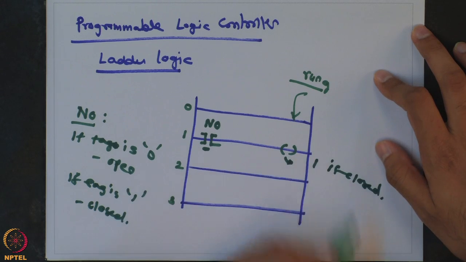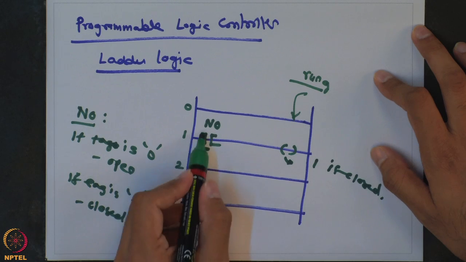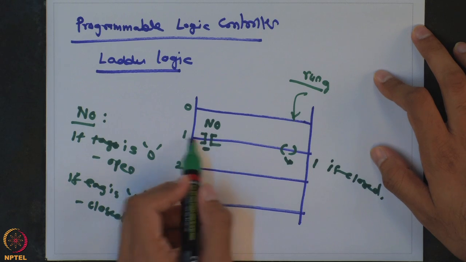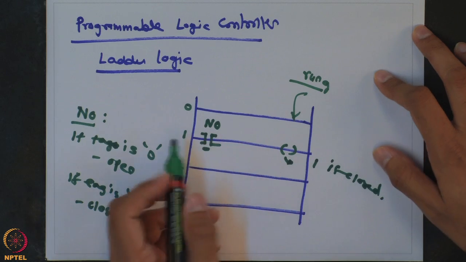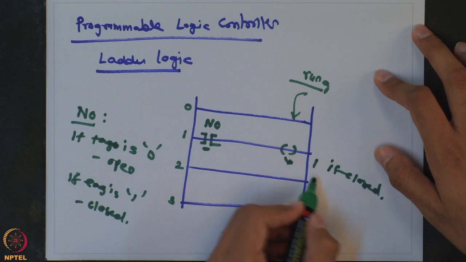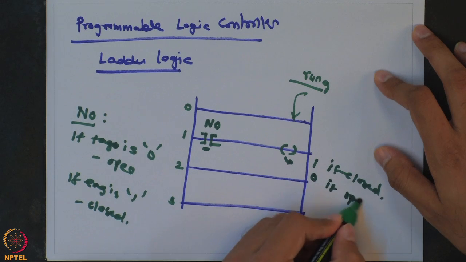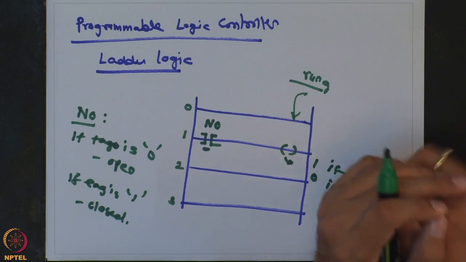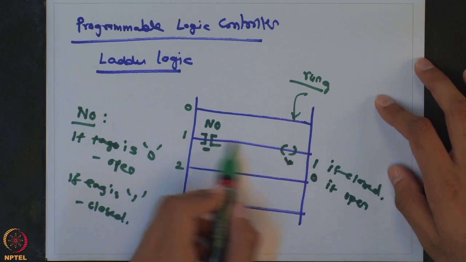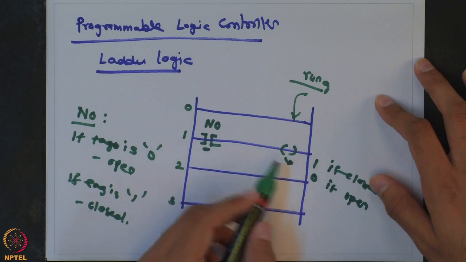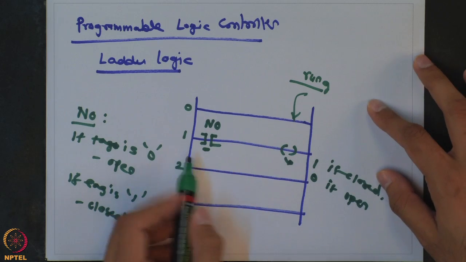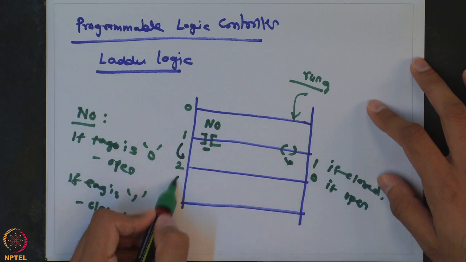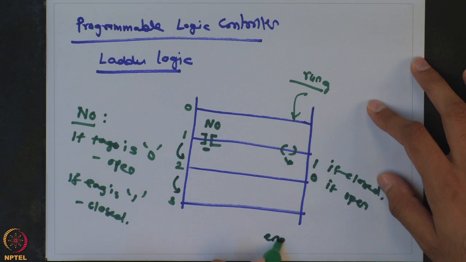If there is some discontinuity and everything inside this line is not closed, then the output will be 0. So, that way any piece of action will be executed along a rung, and then at every instance the controller will go from one rung to another till it reaches the end.